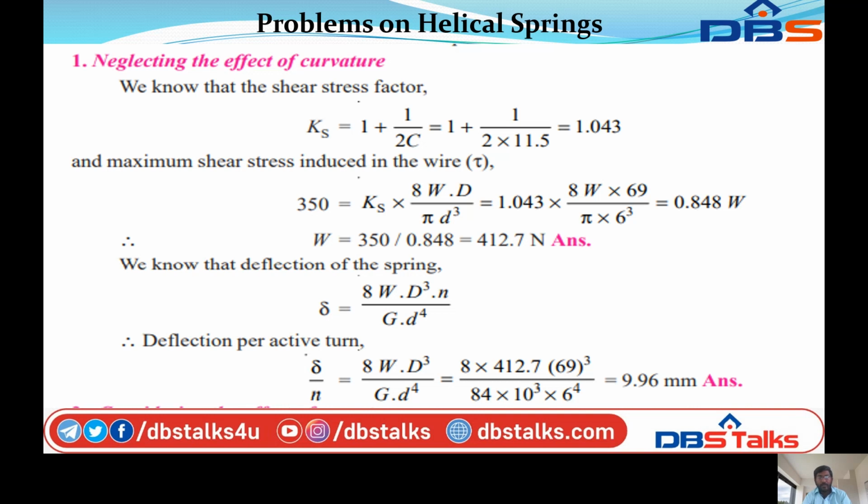Tau is equal to 350, that is equal to Ks into 8 into W into D by pi into d cube. That is equal to 1.043 into 8 into W into capital D 69 by pi into 6 cube, that is equal to 0.848 W. So we can calculate W is equal to 350 divided by 0.848. So finally W is equal to 412.7 newtons.